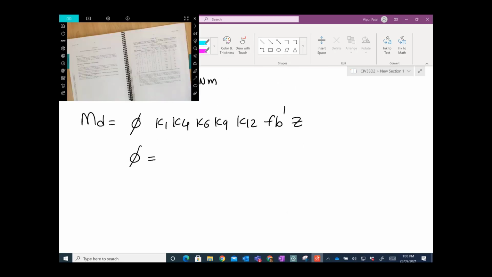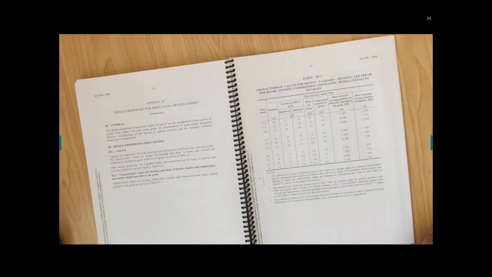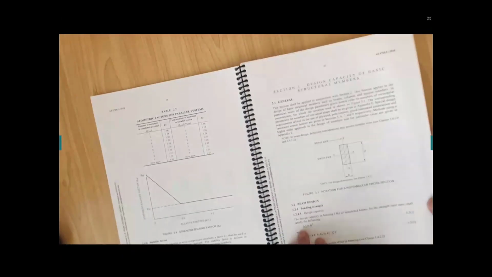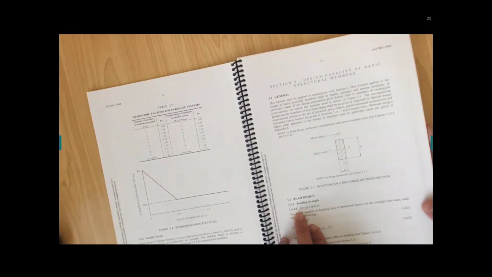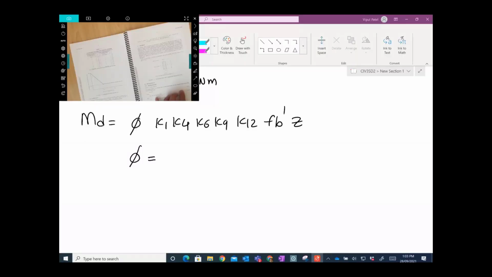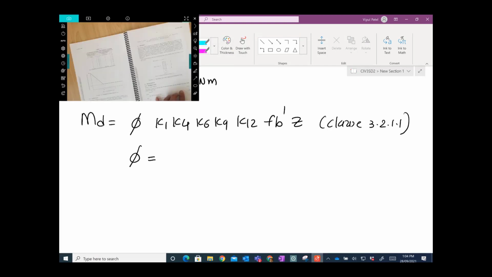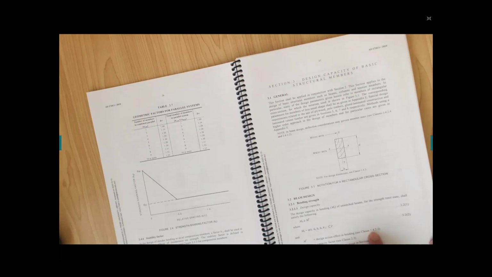Phi, by the way, that equation is coming from clause 3.2.1.1. Let's write it down. Clause 3.2.1.1. Now capacity factors, clause 2.3.